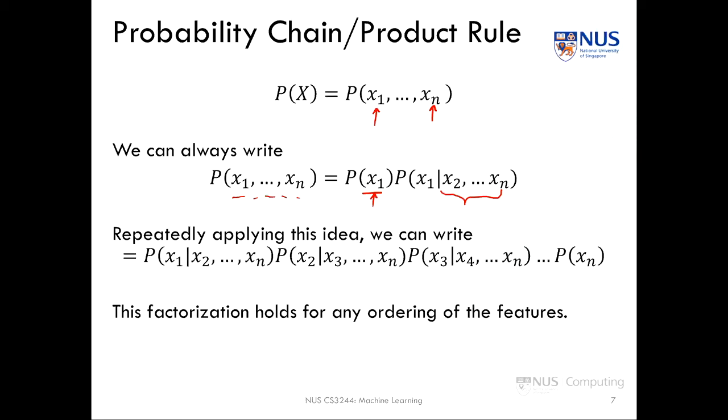We can write, for example, pulling x1 out of the joint probability and putting it in the first term and conditioning on the rest, and then do the same thing for just this part of the equation by pulling out x2 and conditioning it on x3 through the rest, and then pulling out x3, conditioning it on x4 and the rest, all the way until we get a single unconditional probability for xn. And this type of factorization holds for any ordering of the features because at any point in time, we can pull out any of the remaining features in the joint probability and write it out this way.